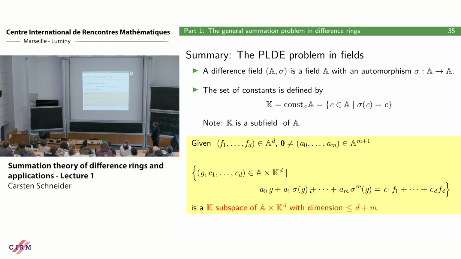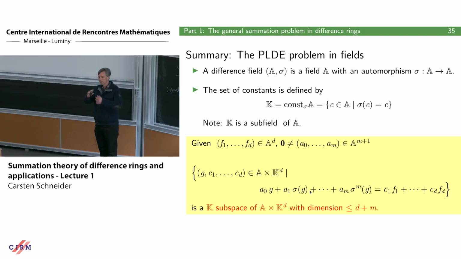And if you look now, what does it mean? I want to find all solutions, meaning give me all vectors g, c1, c2 up to cd such that this holds. And one can easily show it's a k-subspace of Z, and the dimension is bounded by d plus m. So the number of parameters and the order of the recurrence.